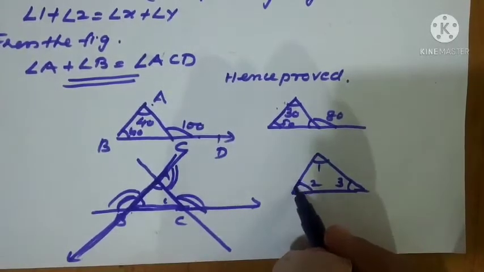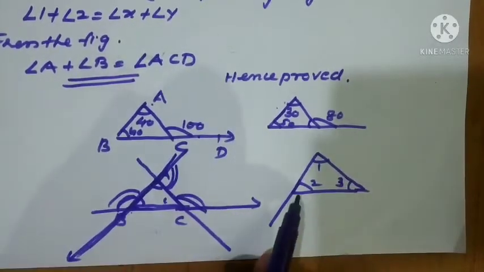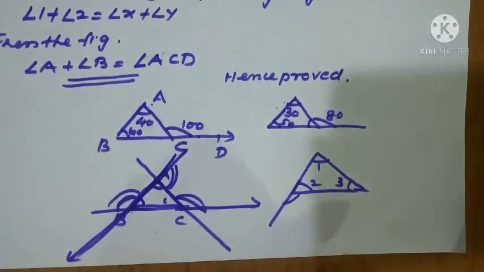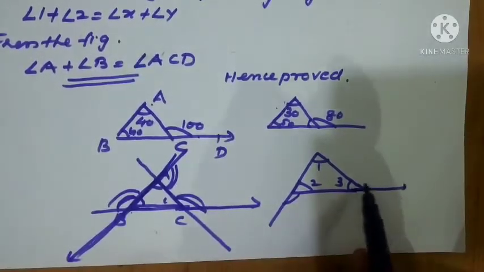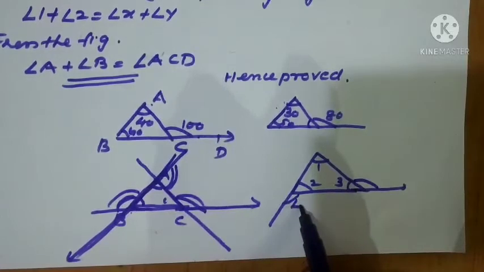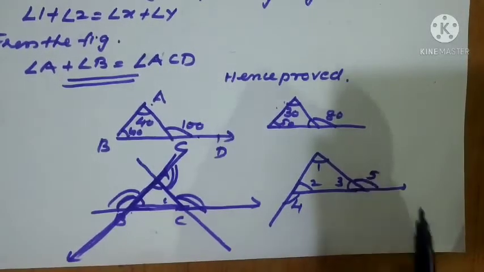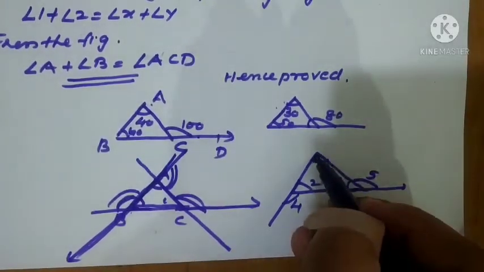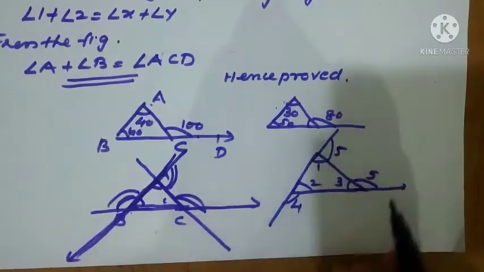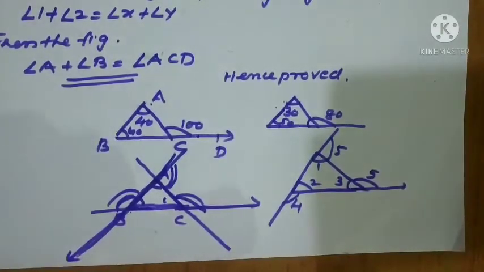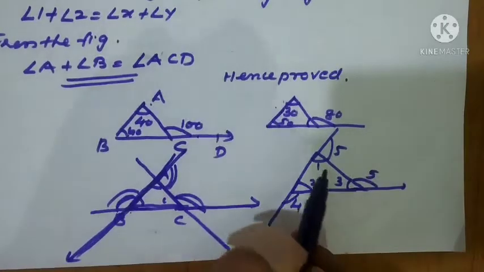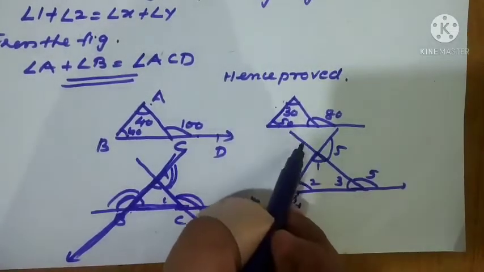So 2 I am extending this side. Here also I can form. Next 3 I am extending this side. This I'll mark 4, 3 and 5. Now this side I am extending. So you can extend the 3 sides of the triangle, then we will get them. Otherwise I can extend this side also. Here also I am getting.